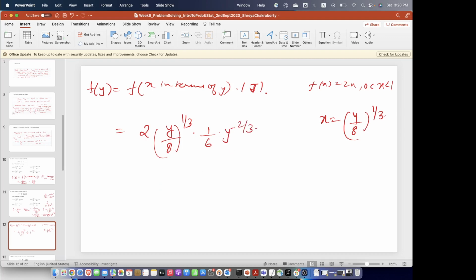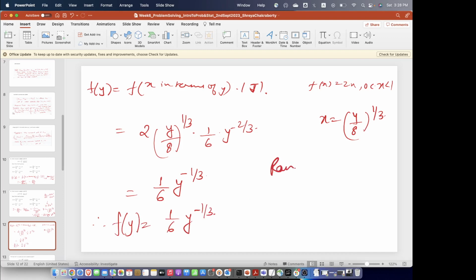This 2 and this 8 to the power 1 by 3 will cancel. So we will be left with 1 by 6 y to the power minus 1 by 3. So therefore f(y) equals 1 by 6 y to the power minus 1 by 3.